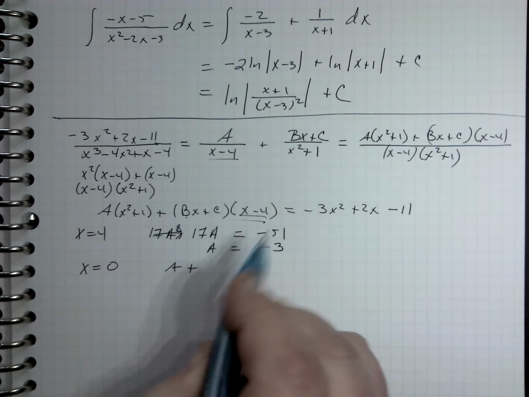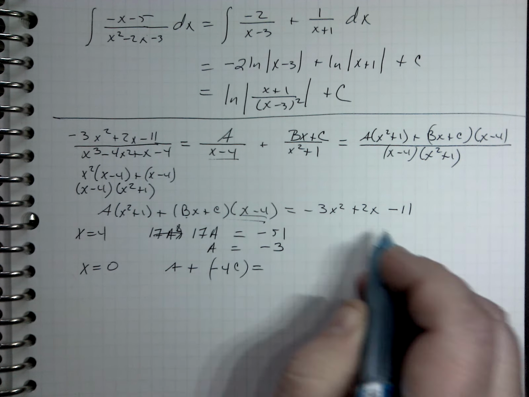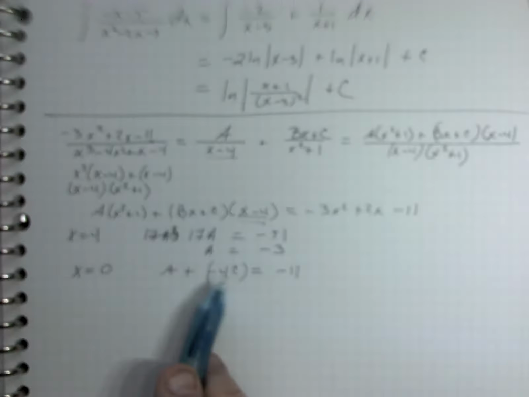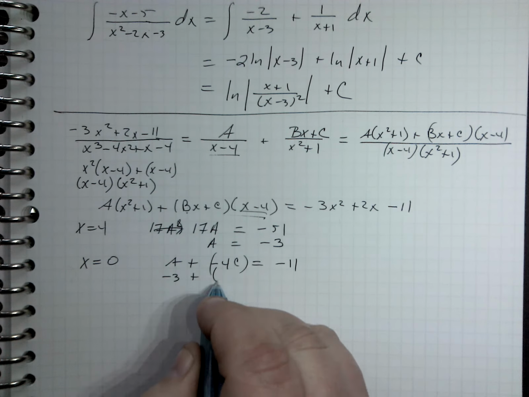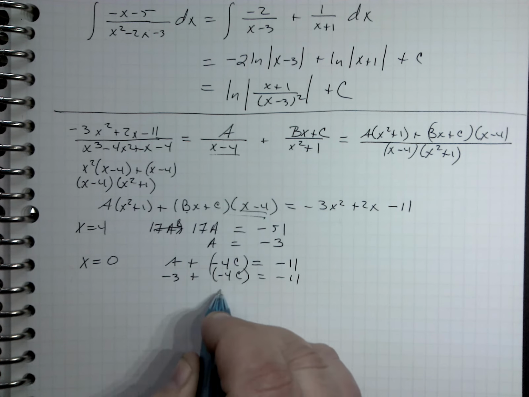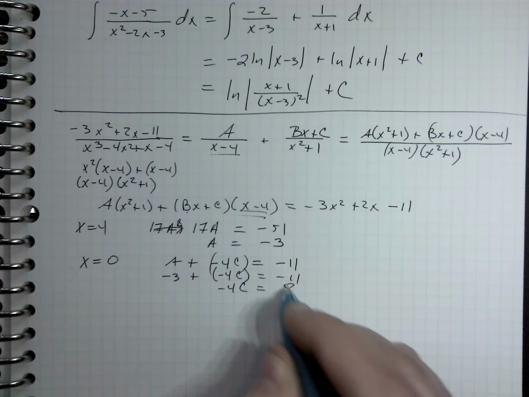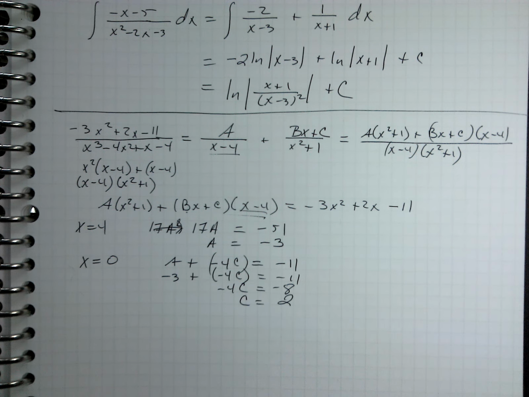That's a 0, so I have negative 4c equals negative 11. Now I figured out that a was negative 3. So adding 3 to both sides, I get negative 8, which means c is equal to 2.